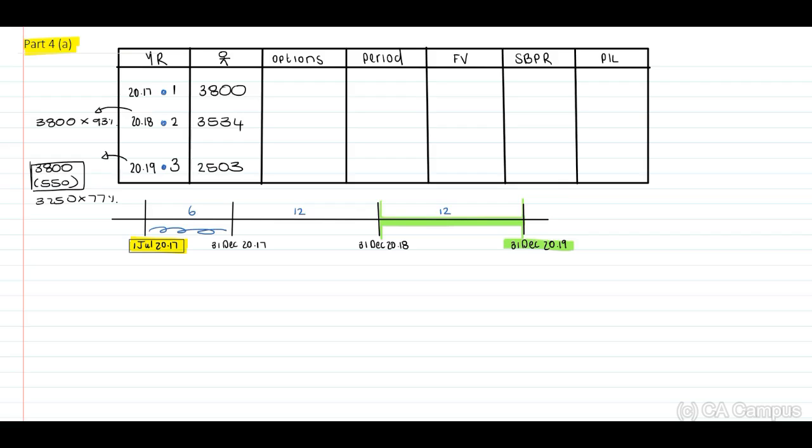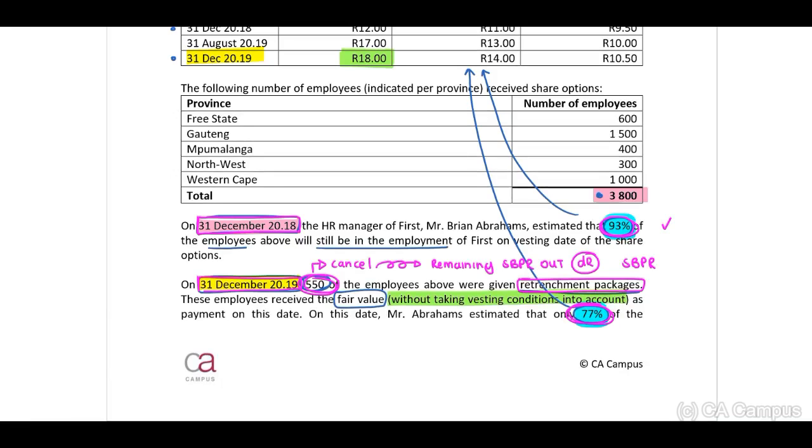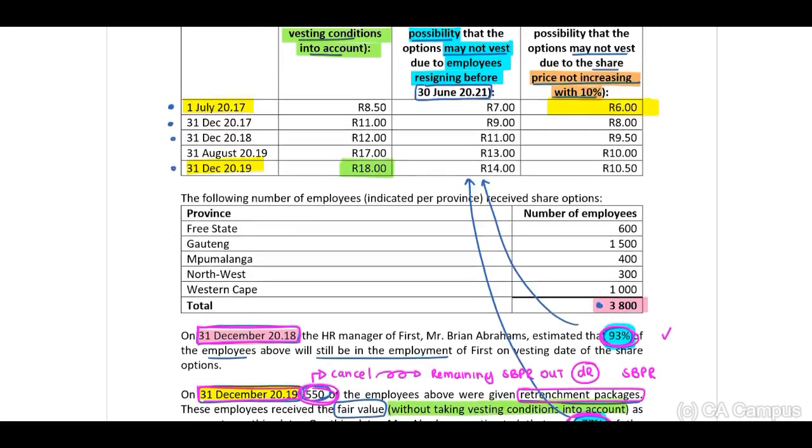And we need to include that there's that cancellation of the 550 employees to remember.